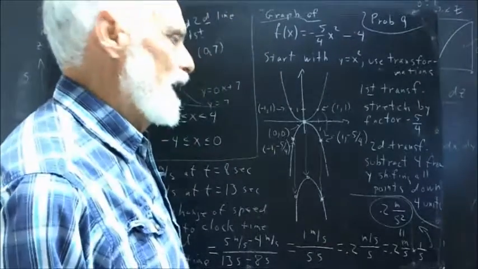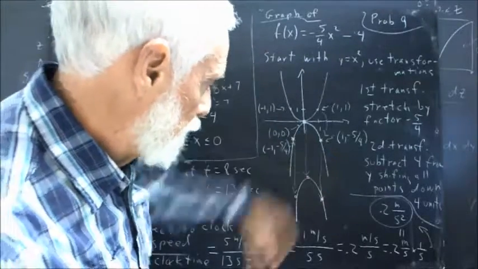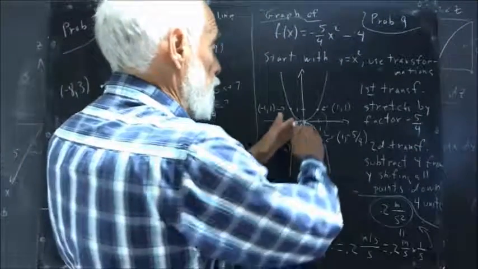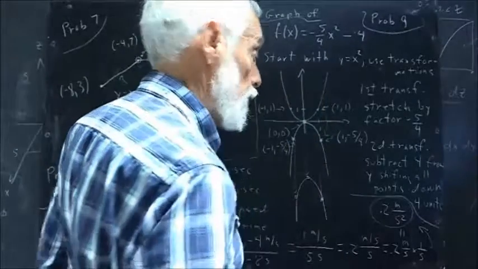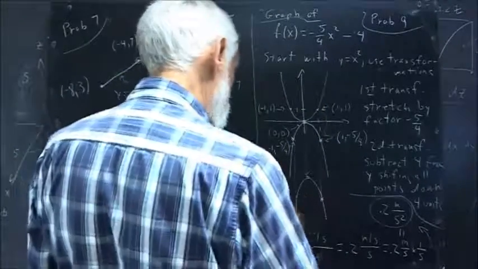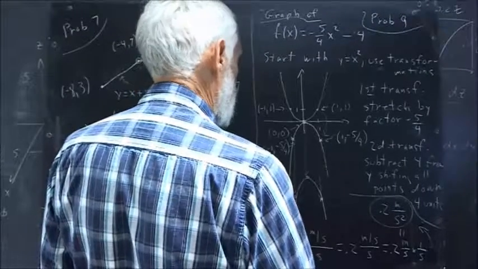Okay? Actually, that looks a little narrower than this. I didn't get it quite right. I kind of shifted these inward. It should be exactly the same shape as this one. Both of these a little bit narrower than this one. In any case, our points are now at -1.